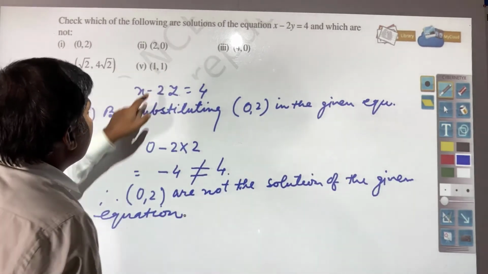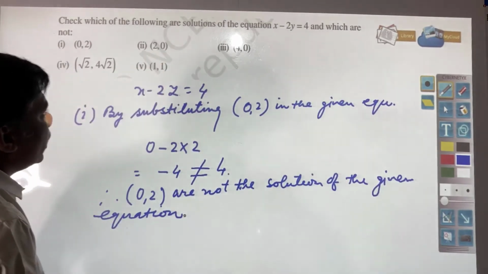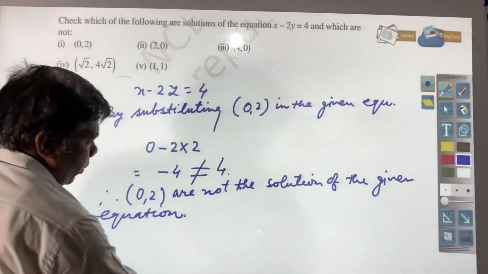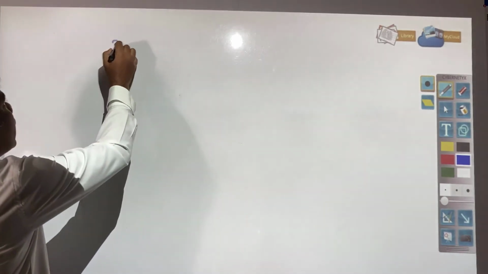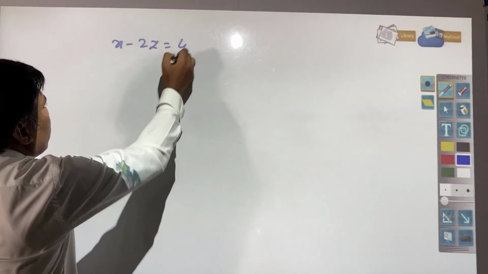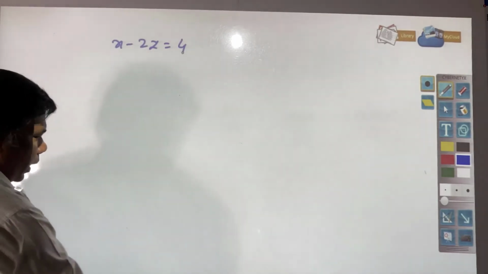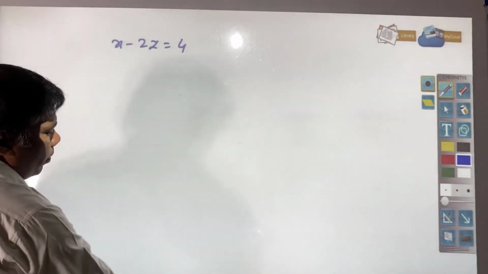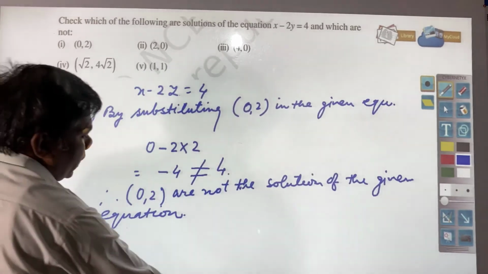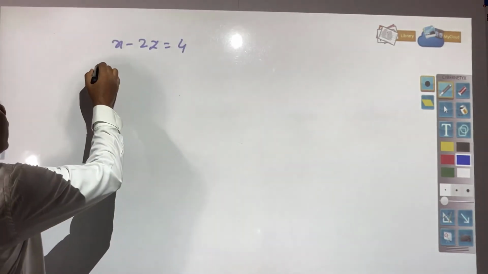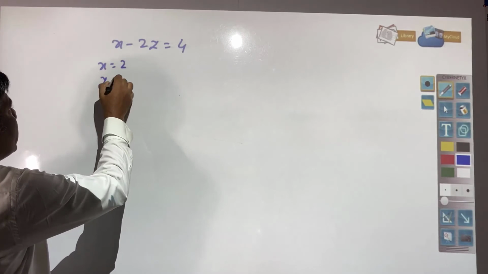Next you put, suppose 2 and 0, x minus 2y equal to 4. If you are putting the value 2 and 0, x is equal to 2 and y is equal to 0.